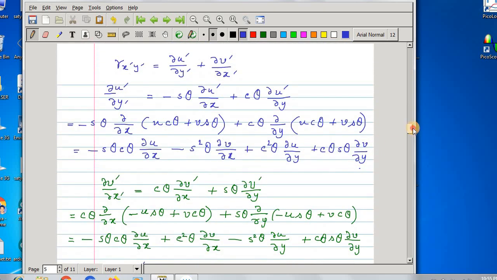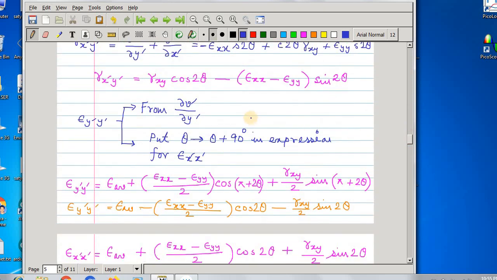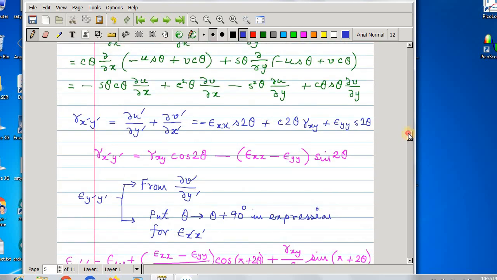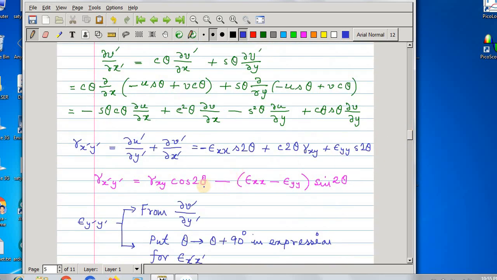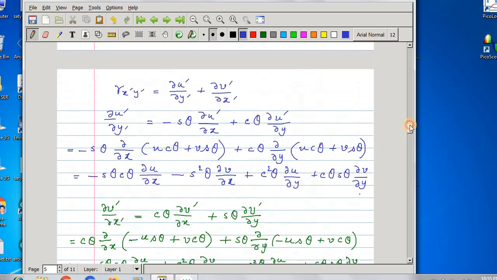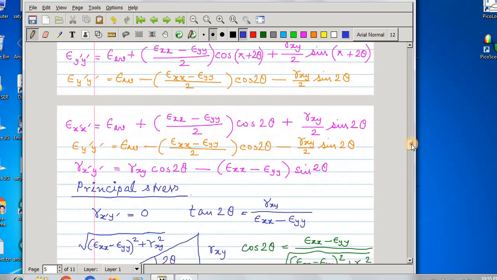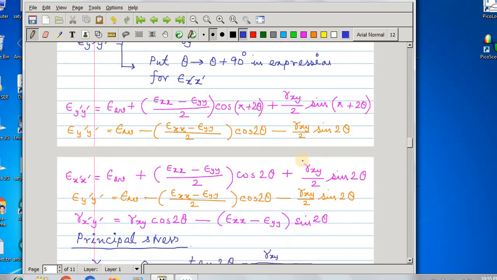So you put theta equal to theta plus 90 degree, that means x dashed will go to y dashed. Here also you put theta plus 90 degree in place of theta. So if you do that, you get this as your epsilon y dashed y dashed.